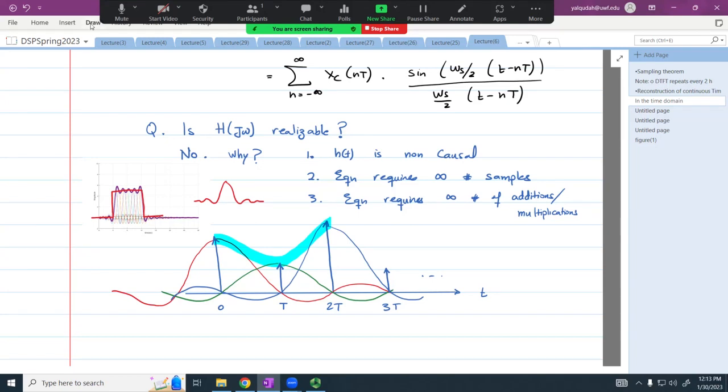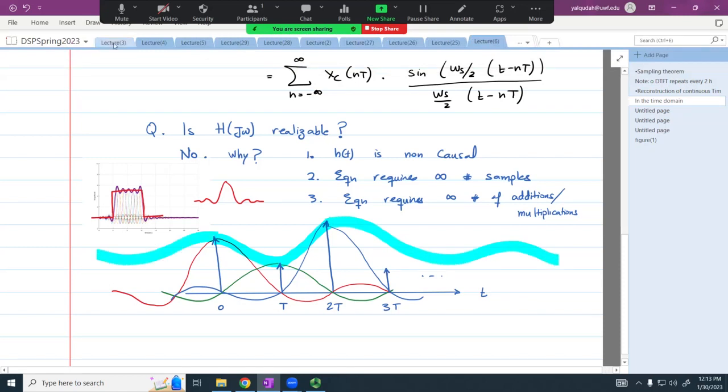Is that clear, everybody? So let's say this is my original signal. I sampled this original signal. I took these samples here, this sample, this sample, this sample, etc. And now I reconstructed the original signal. Okay.